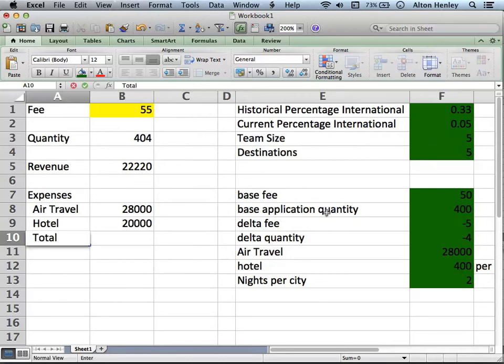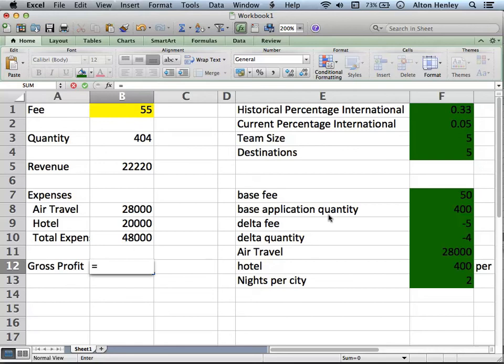So total expenses is equal to these two added together, or you could use sum, either way, so that my gross profit, so to speak, is equal to my revenue minus my total expenses.